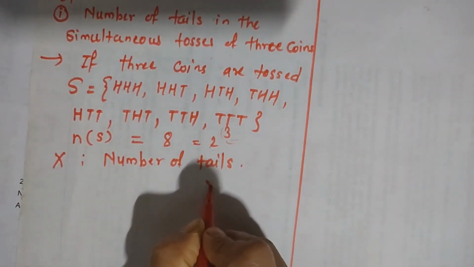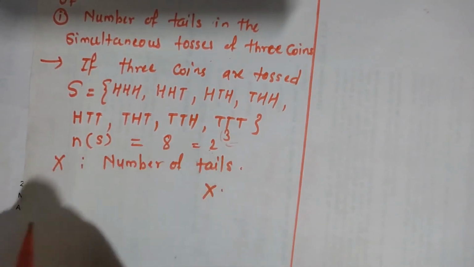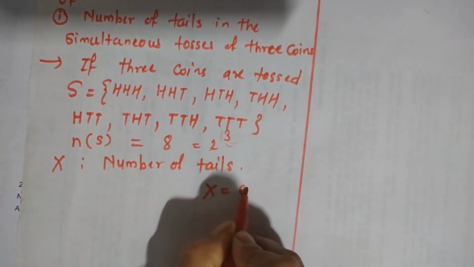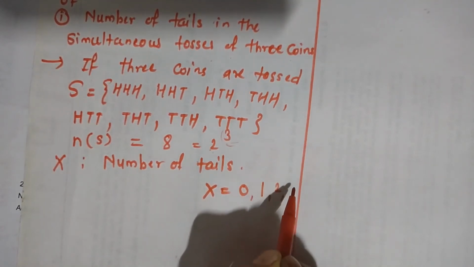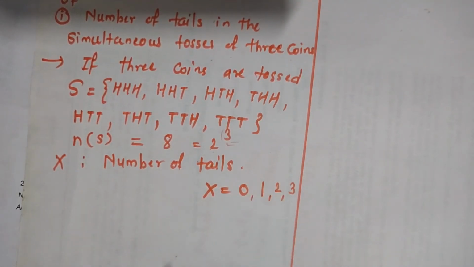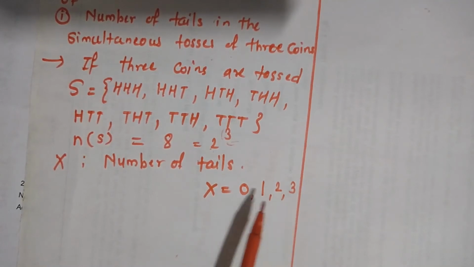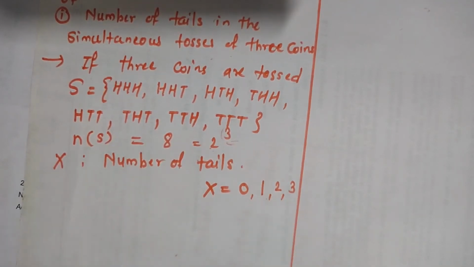For these values 0, 1, 2, 3, we have to find the probability of each value.